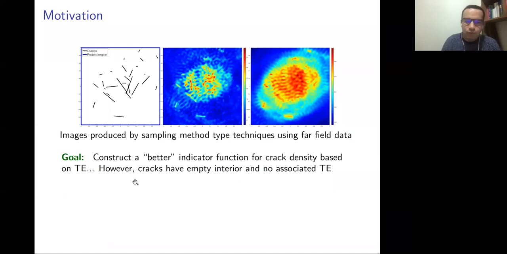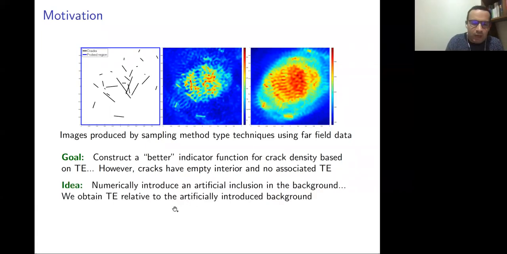What we tried is to come up with an idea based on transmission eigenvalues. And of course, there is a little bit of contradiction between transmission eigenvalues and cracks, because transmission eigenvalues are related to some interior resonance, but for cracks there is no interior.